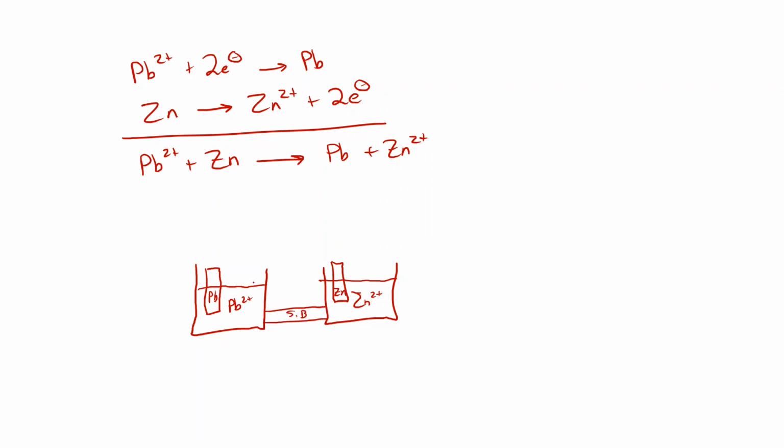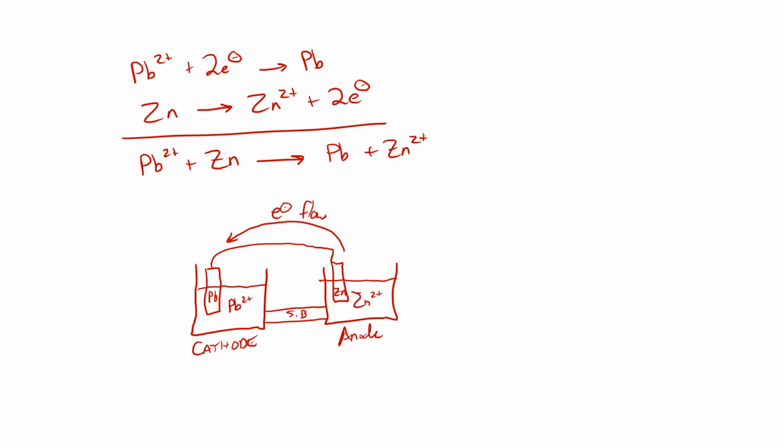Here's our salt bridge, here's our wire, right? The electrons are going to flow from the oxidation, from the anode, to the cathode. Okay, so electrons will flow from the zinc cell to the lead cell.